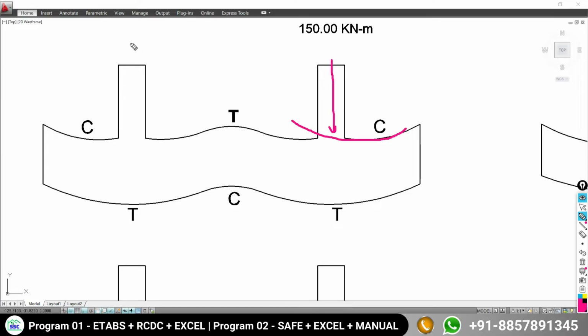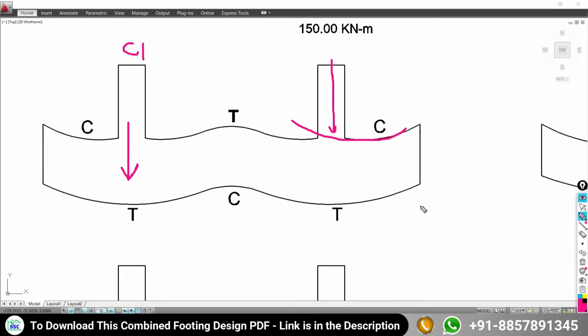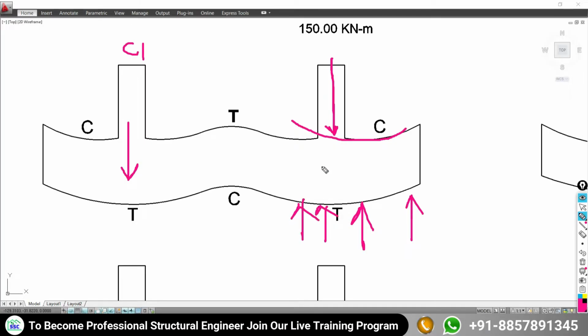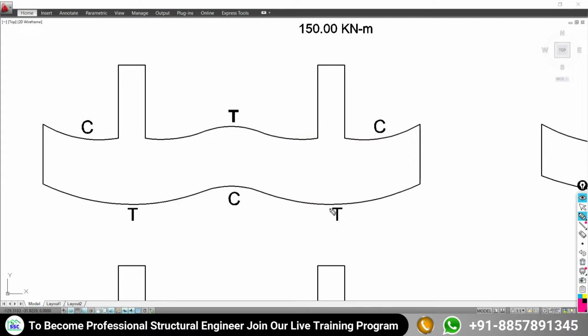And here under the column C1, your foundation slab is going to be deformed in this direction, because under the application of the loading, there will be upward soil pressure, we know very well. So here under the column, the downward pressure will be dominating in respect of your upward soil pressure. That's why there will be deformation. So there you will get the tension at the bottom face of your foundation.